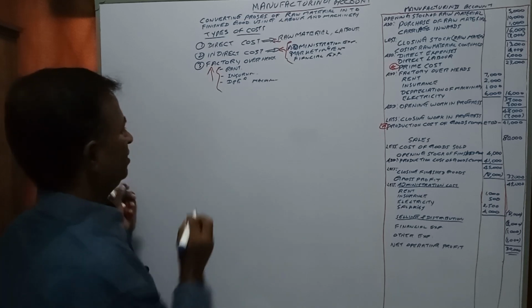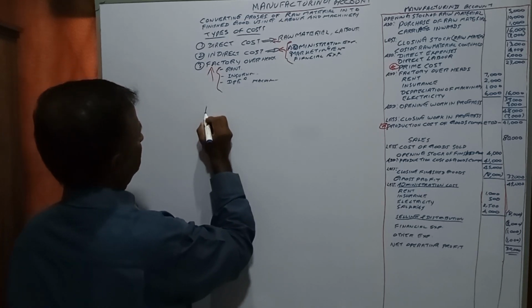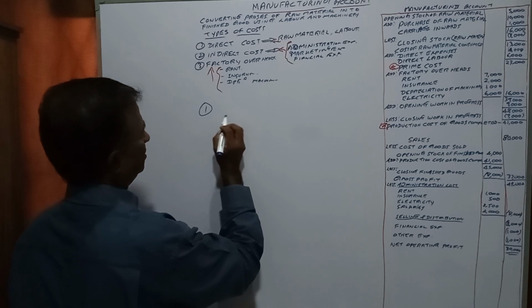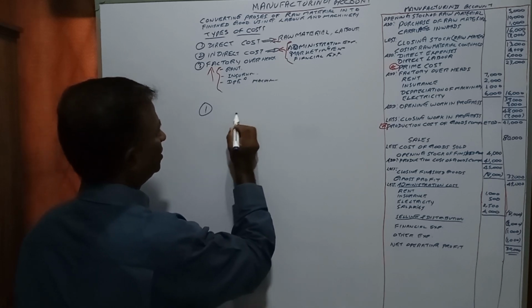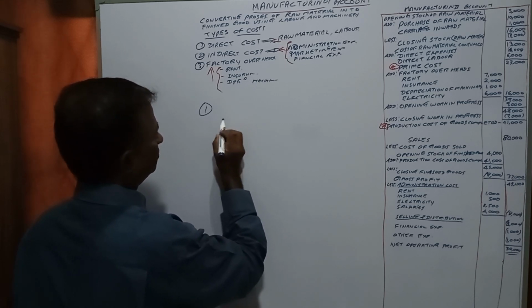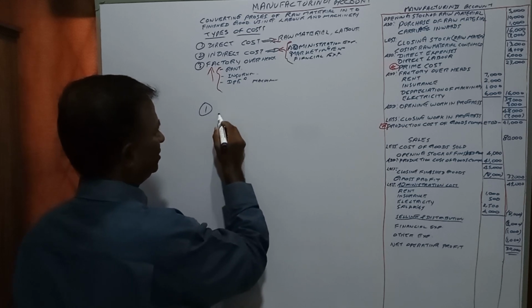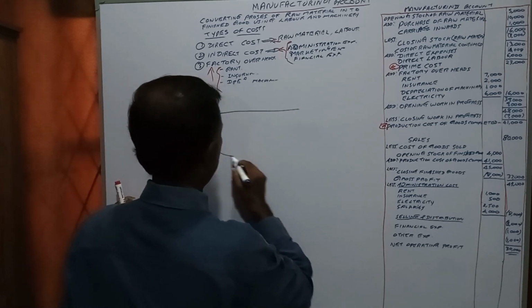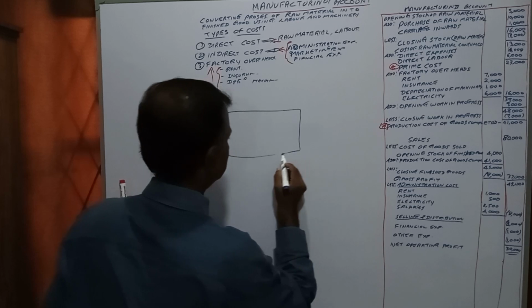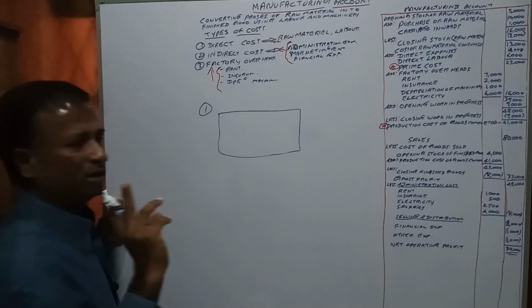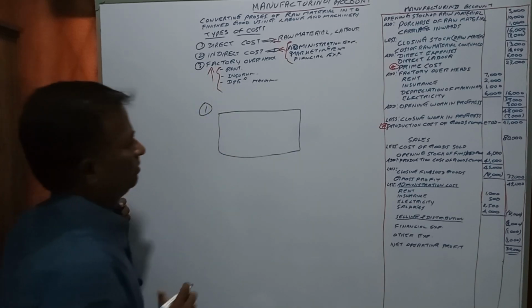If you say in one premises, you have one land. This will have one assessment.